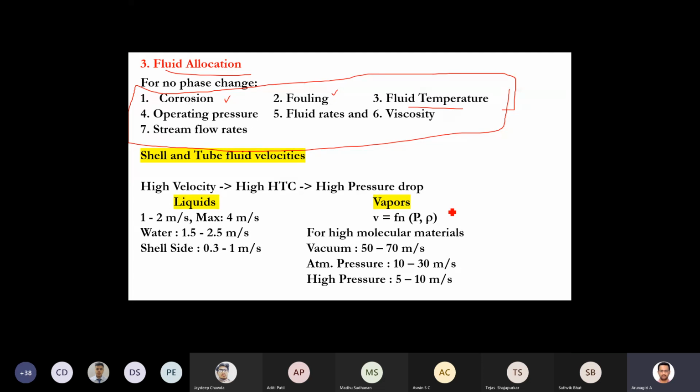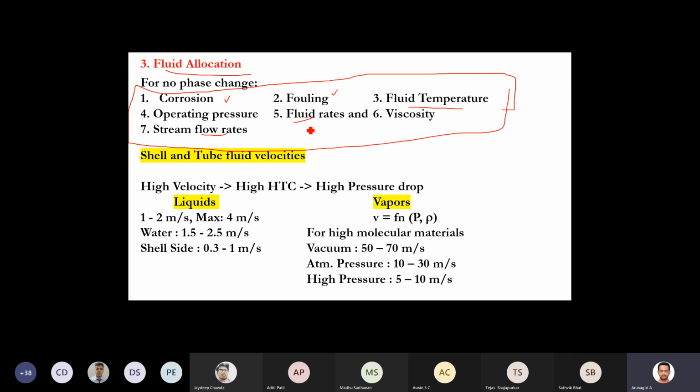Then fluid rates and viscosity. Fluid rate, that is stream flow rate, both are the same. For high flow rates, as I told, we can go for split flow, divided flow. In such cases, if you have very high flow rates, we can go for shell side, because in the shell side the critical Reynolds number for turbulent flow will be very small, around 200.